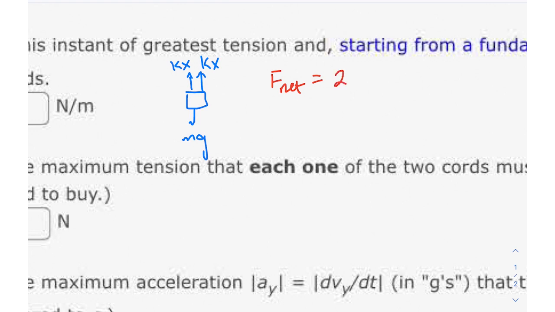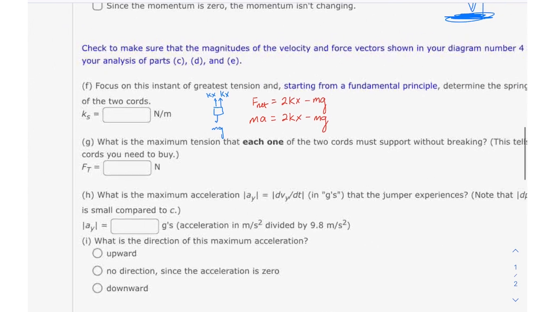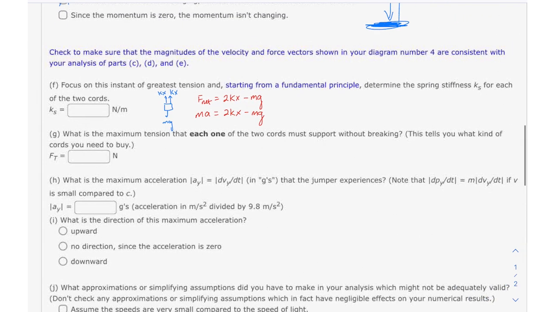Here you would have your two spring forces minus your mg, and your net force is always equal to mass times acceleration. So we'd have 2kx, those two springs or two cords, minus mg. So those are the equations that we're going to be looking at here.